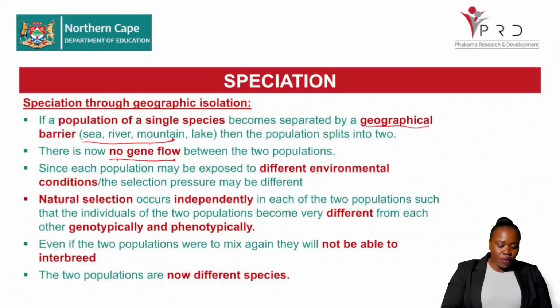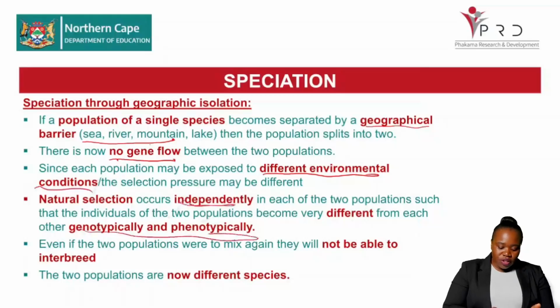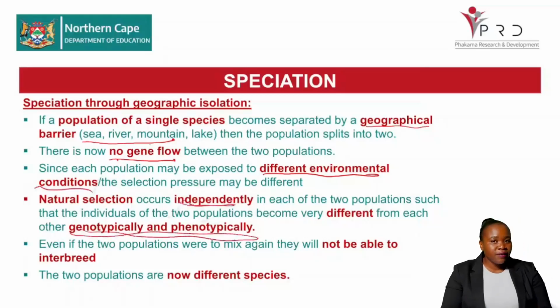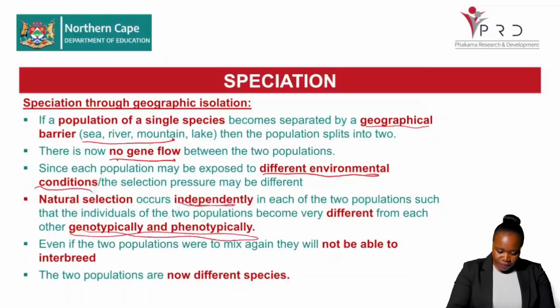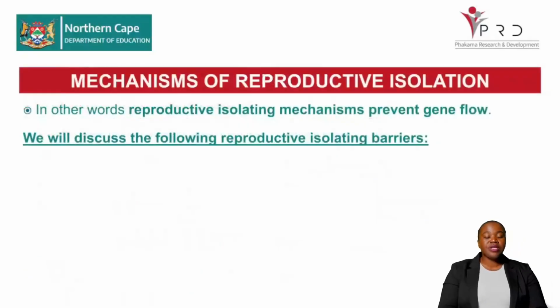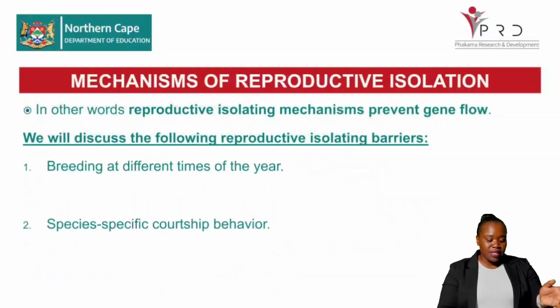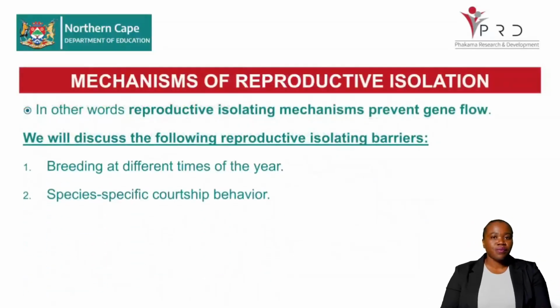Because there's no gene flow, it means that now these two populations are experiencing different environmental conditions. So natural selection is taking place independently. Because it's taking place independently, the two populations are going to be genotypically and phenotypically different from each other. And they are not able to interbreed. Therefore, even if they were to meet again, they will not be able to interbreed.